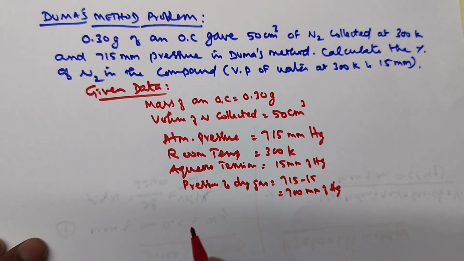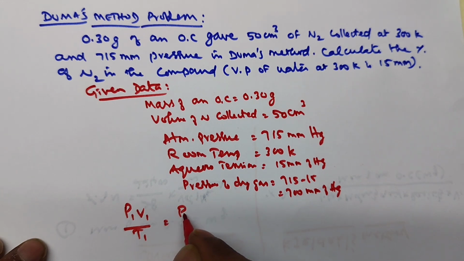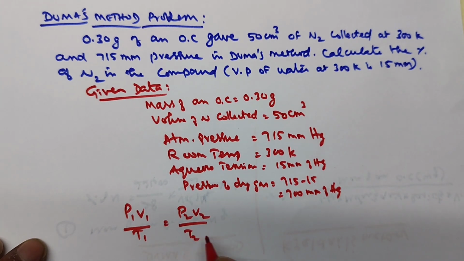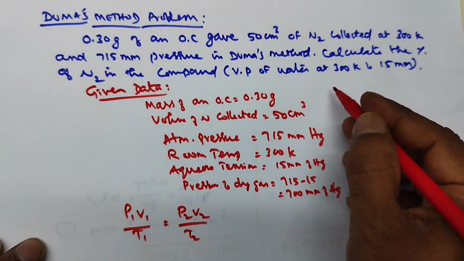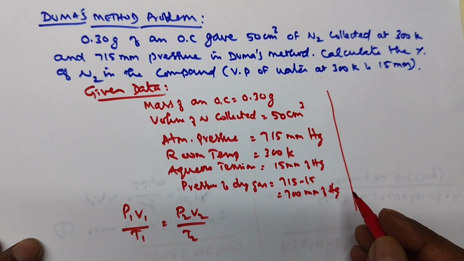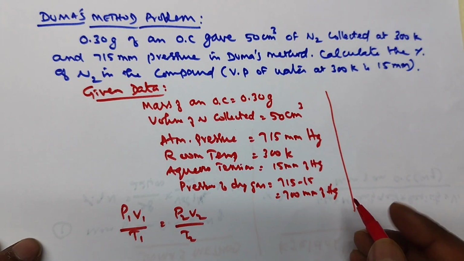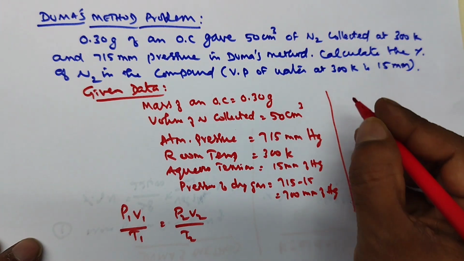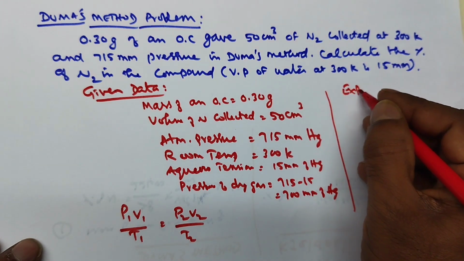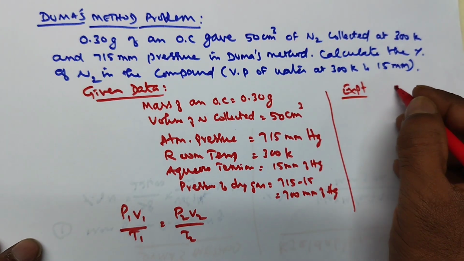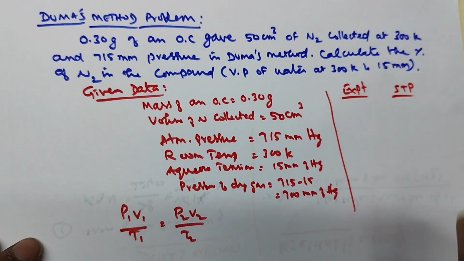So we have to use the formula P1V1 by T1 is equal to P2V2 by T2. In this case, there are two sets of conditions, experimental as well as STP conditions. What are the data given here?